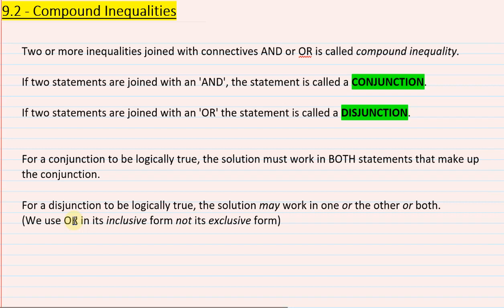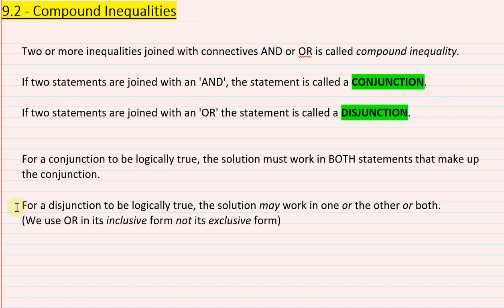The difference would be this. Let's say you go to a restaurant and you order your entree. And suppose your dinner comes with a choice of soup or salad. The use of the word or in that context is in its exclusive form. That means you have to choose one or the other. You cannot choose both soup and salad.